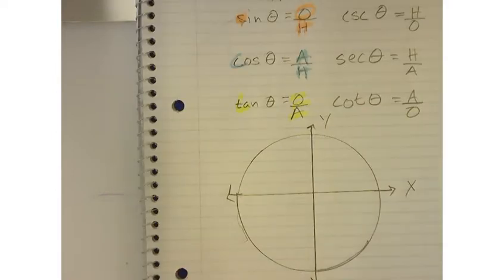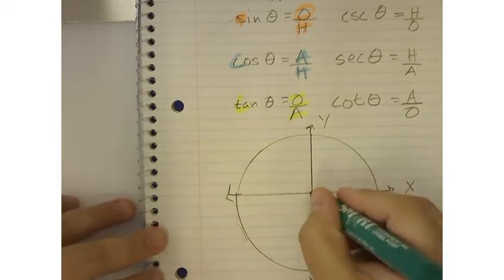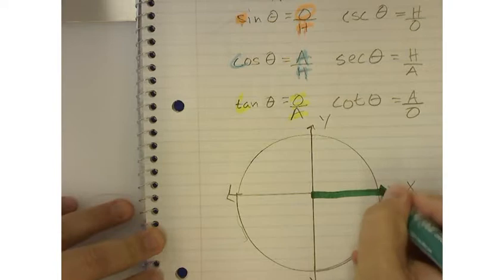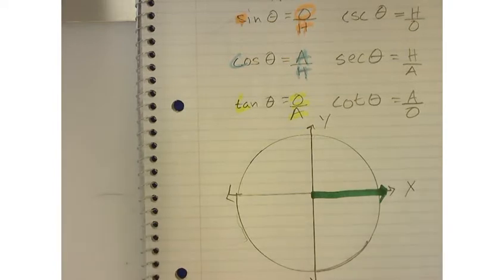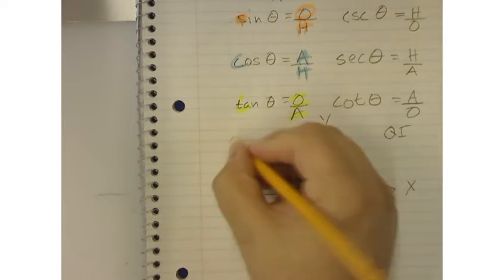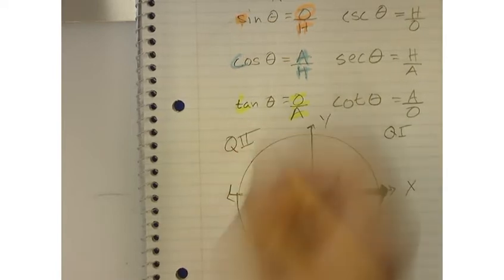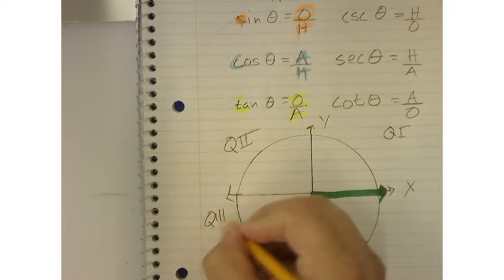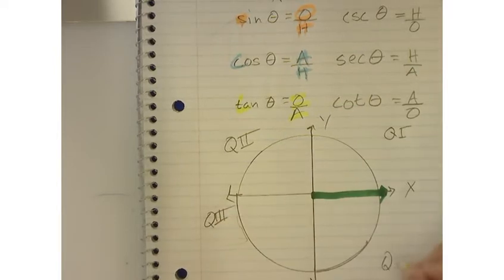So if I were to start from the initial position, let's make this yellow line my initial position. That's where I'm starting from every time. And remember, this is quadrant 1, this is quadrant 2, this is quadrant 3, and this over here is quadrant 4.